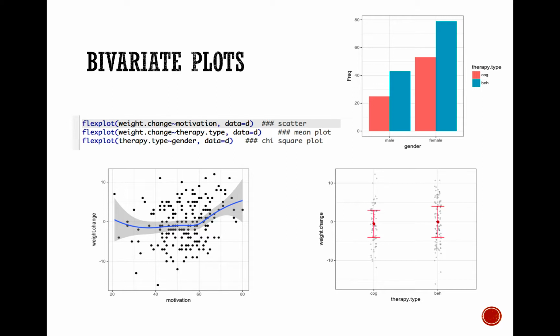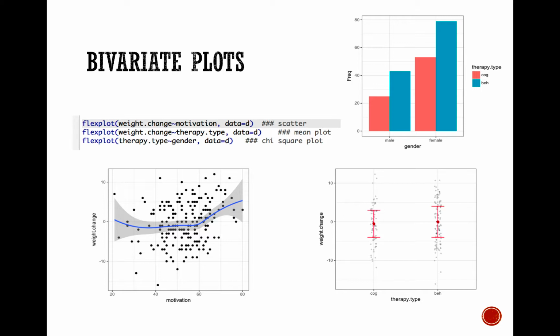And how about bivariate plots? Well, this would replace the bivariate.plot function. You can do, for example, a chi-square association type plot, and you see that in the top right there. To get that, you would use the exercise data set, and therapy.type tilde gender, and it will do an association plot there.